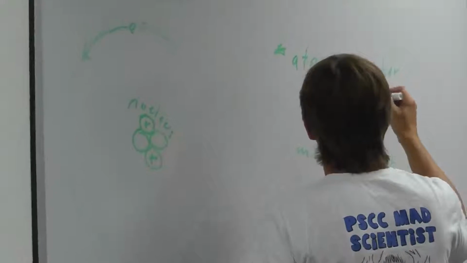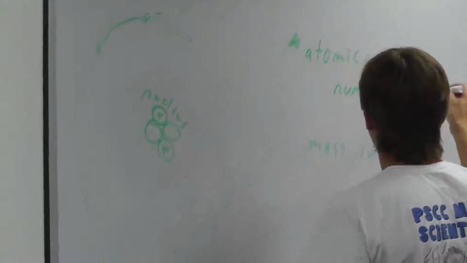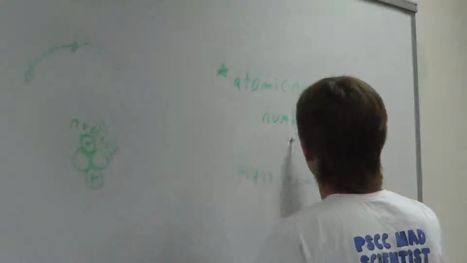Put a little star by this one. This is the defining characteristic of the element. What makes one element different from another element is the atomic number. And the atomic number is the number of protons in its nucleus.